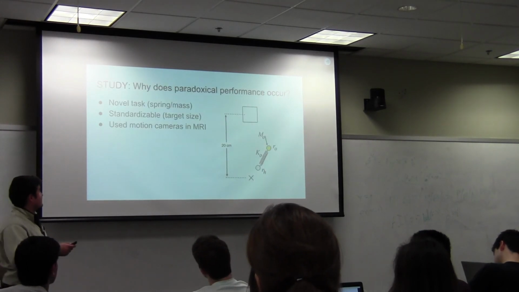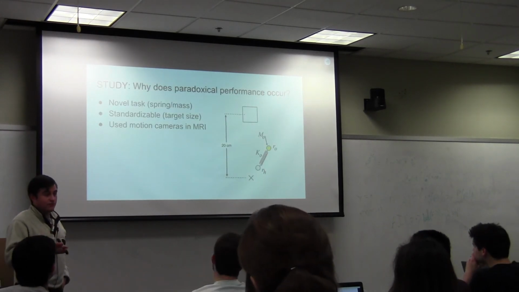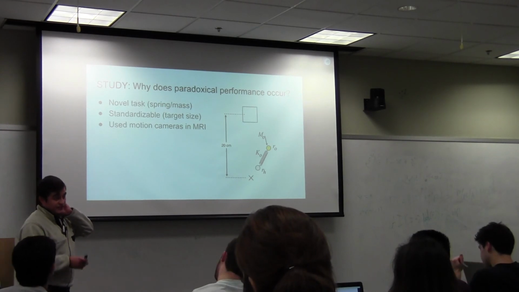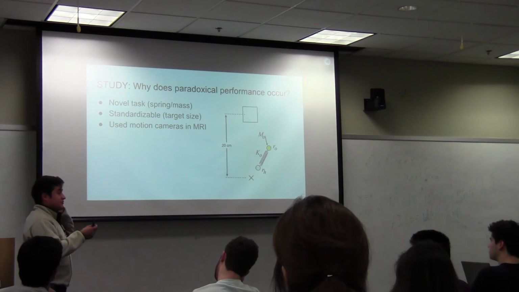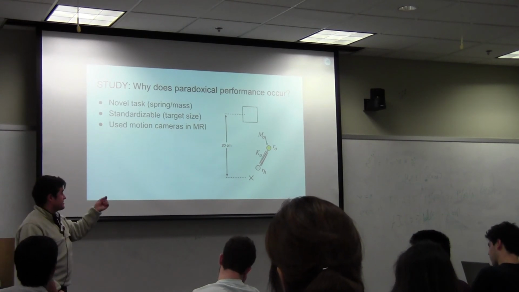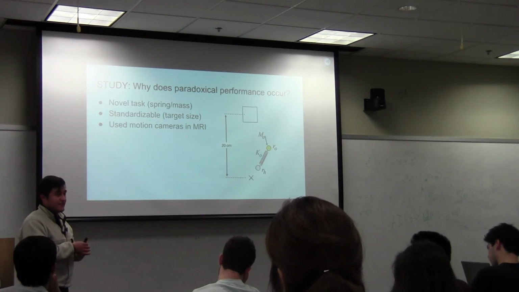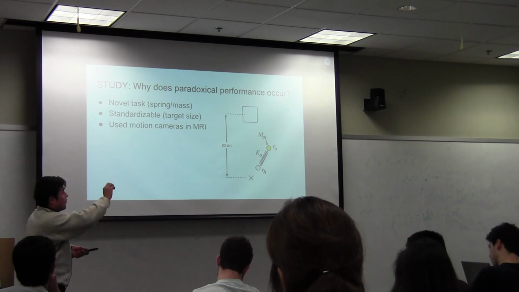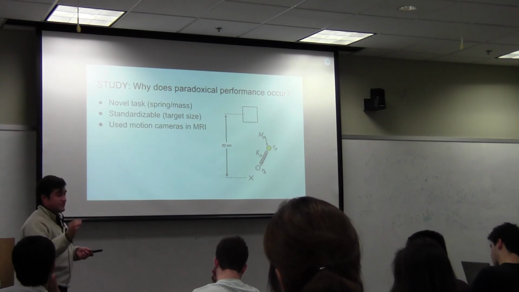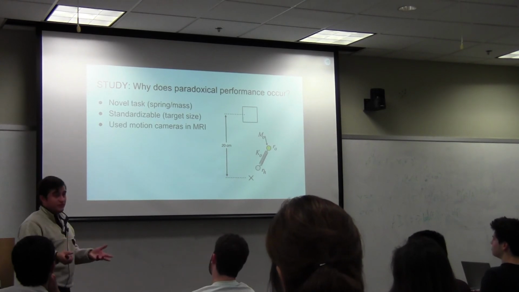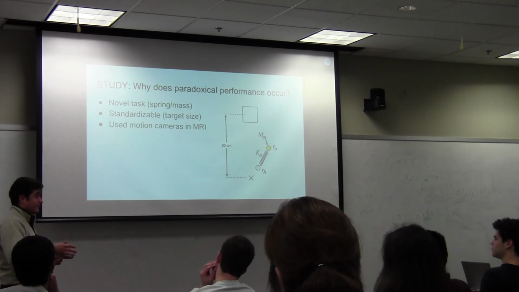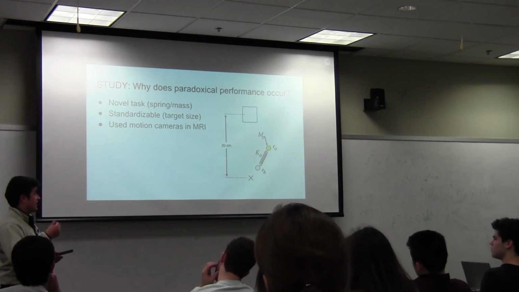So they designed a study to find out why paradoxical performance occurs. They designed a completely new virtual task that a patient could do in an MRI, where they have a ball attached to a spring, and they have to drag that gray ball while the yellow one is bouncing around. It's a really difficult task and something no one would have experience in, so you wouldn't have any confounding effects from people coming in knowing how to do it.